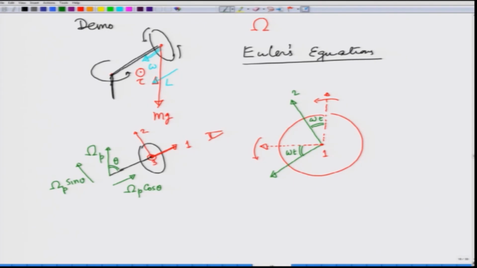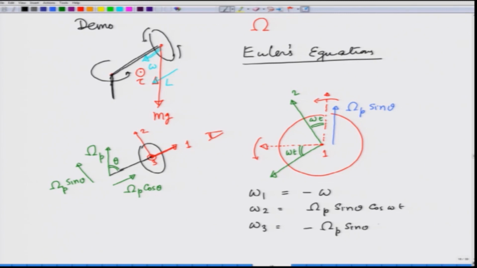So, I have out here, I will show with green, omega precession as omega p sin theta, and therefore I can write omega 1 as minus omega spin, omega 2 as omega p sin theta cosine of omega t, and omega 3 as minus omega p sin theta sin of omega t. We have identified omega 1, omega 2 and omega 3.